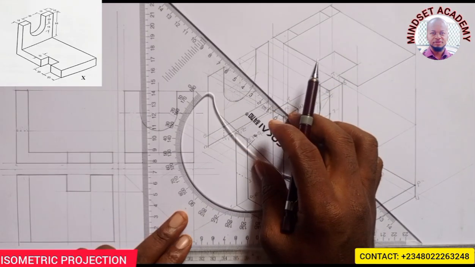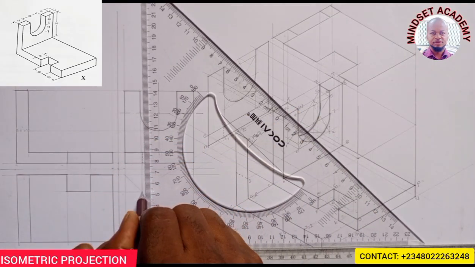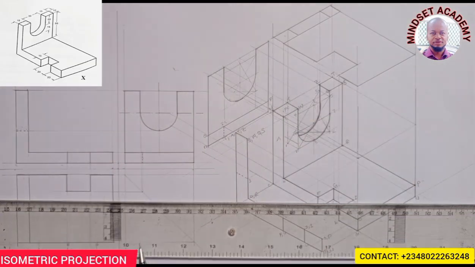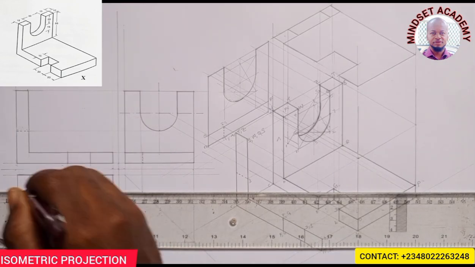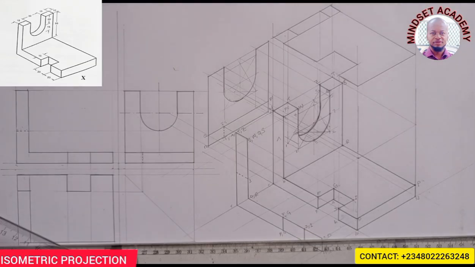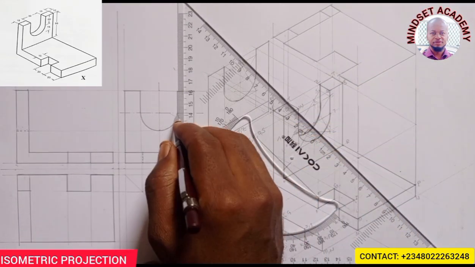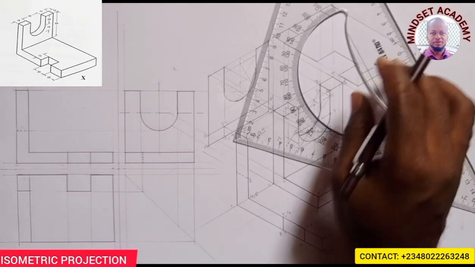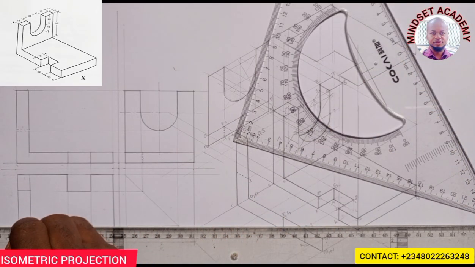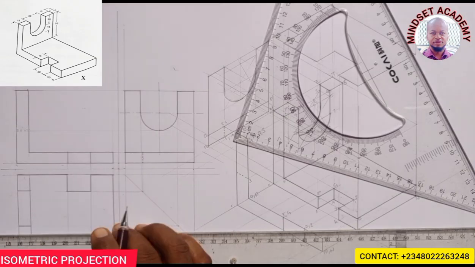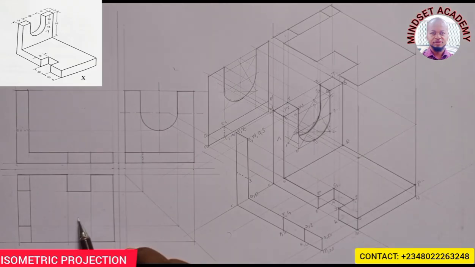If I project here, this point is here, it's touching here still. So it means that this part is this part here. 15. The other one too. If I bring it down, from here, this side also is what? It's closed. So this is what we have, looking at it from the top.